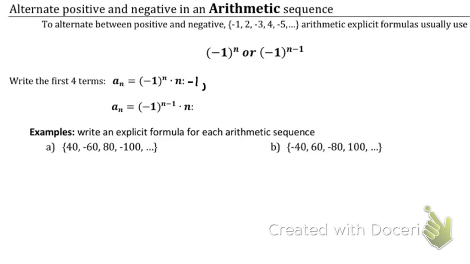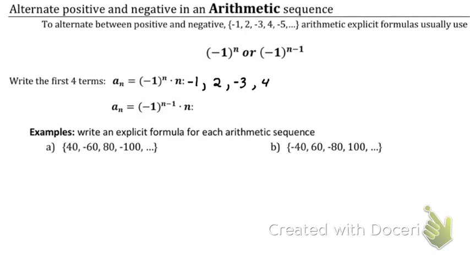A positive 1 times 2 is just going to be a positive 2. If I plug in a 3, -1 cubed is -1. -1 times 3 is a -3. And if I plug in a 4, I'm going to get out a positive 4.